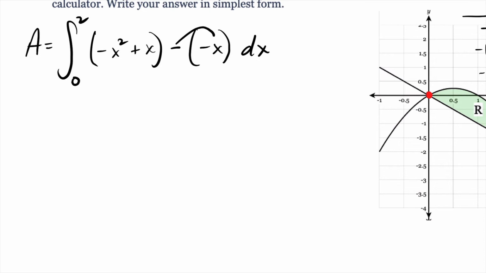Distribute the negative, that makes a positive, so you're going to have the integral from 0 to 2 of negative x squared plus 2x dx.